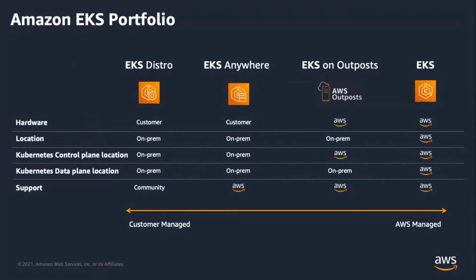If you need to run the cluster in your on-premise location, you have the choice of EKS on Outpost, EKS Anywhere, and EKS Distro. If you prefer a managed Kubernetes control plane, EKS on Outpost would be the option for you.